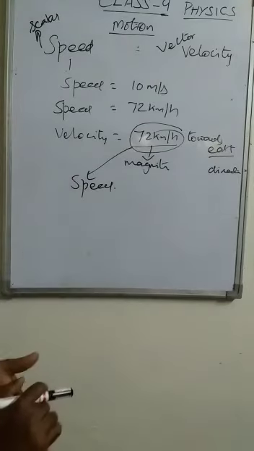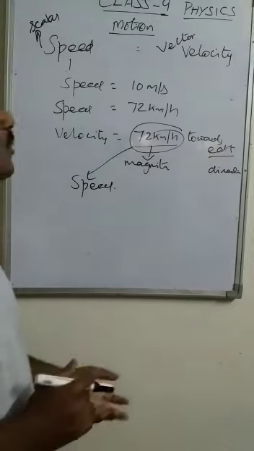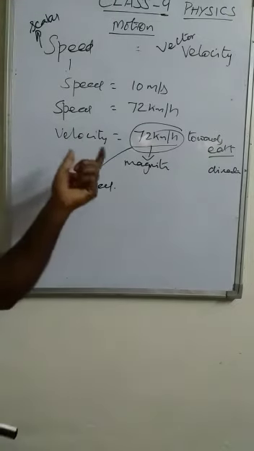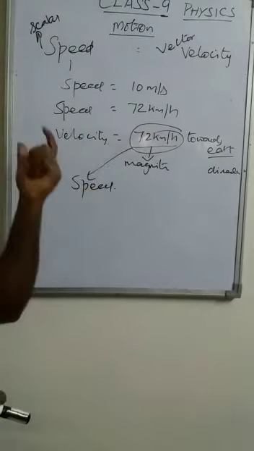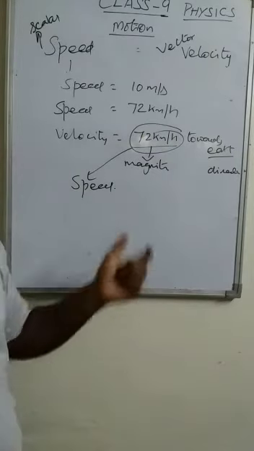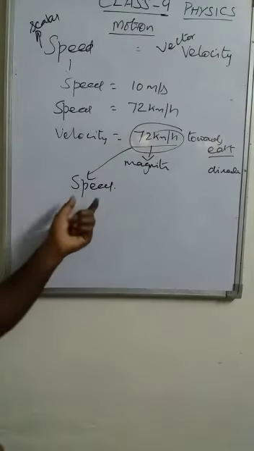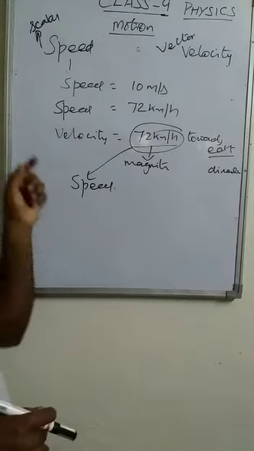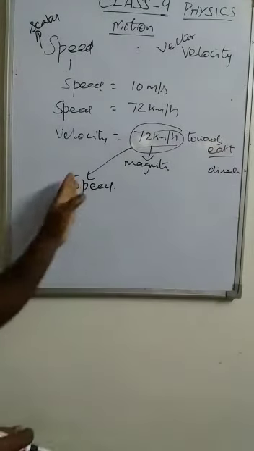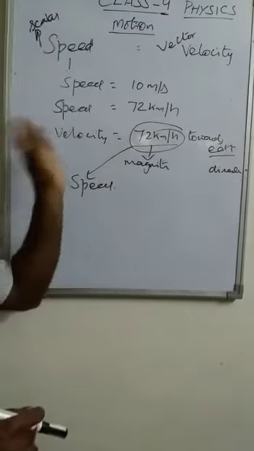Whenever anything is moving, if we simply take out the magnitude, it gives the speed. Along with the speed, if we put the direction in that, it gives velocity.